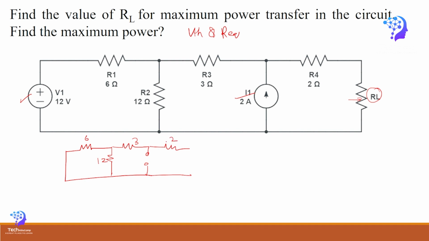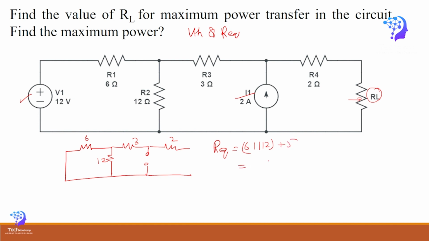So to calculate the R equivalent, 6 is in parallel with 12, and this 2 is in series because the current source is now open circuit, no current going, so this will be in series, so this will be equal to 5.